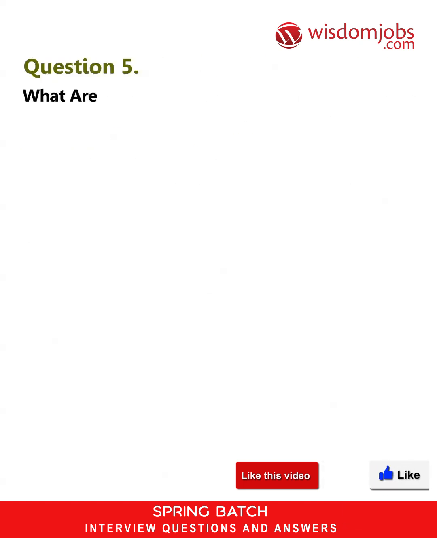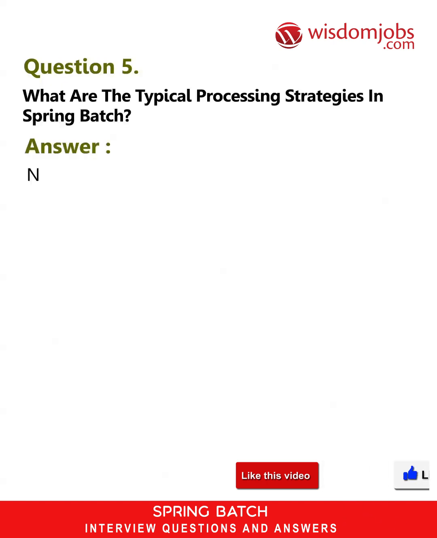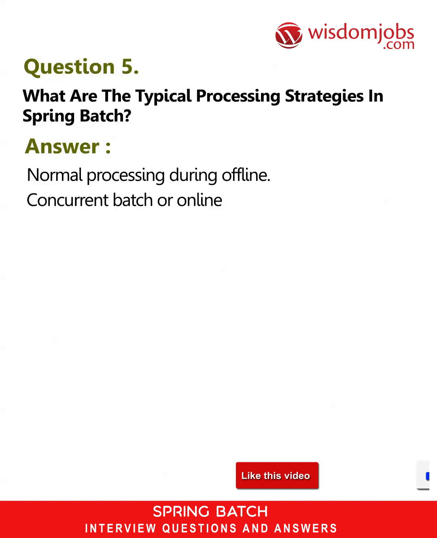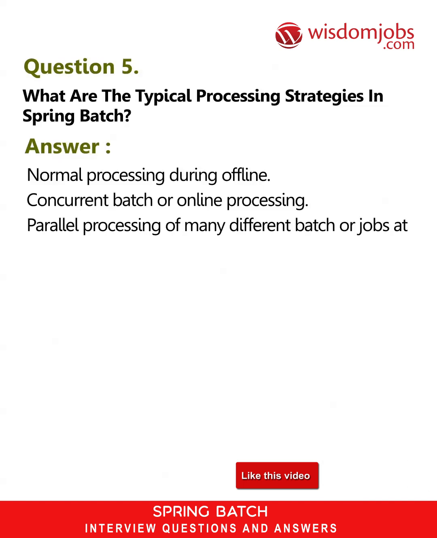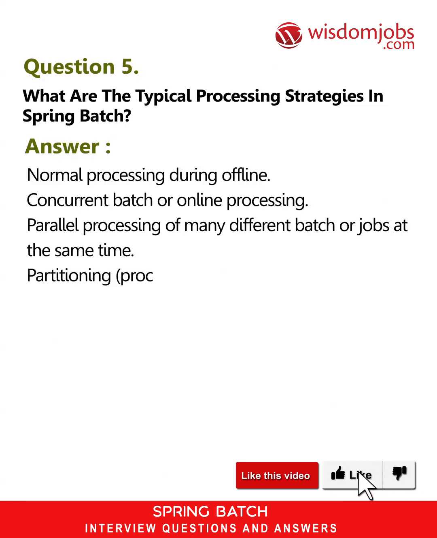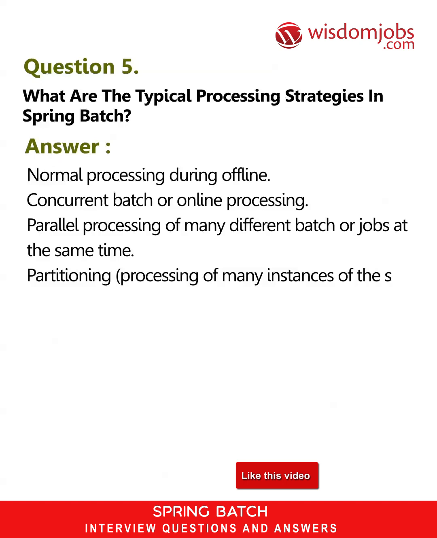Question 5. What are the typical processing strategies in Spring Batch? Answer. Normal processing during offline, concurrent batch or online processing, parallel processing of many different batch or jobs at the same time, partitioning, processing of many instances of the same job at the same time.